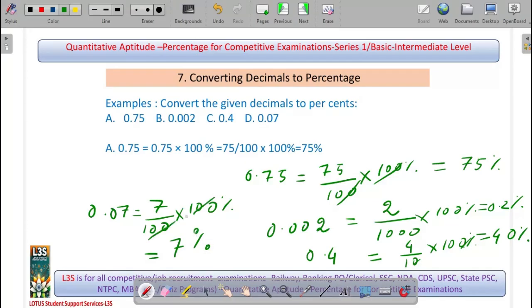So we'll get 7%. This is how we can convert decimal to percentage. Just multiply the decimal by 100 and add the percentage sign.